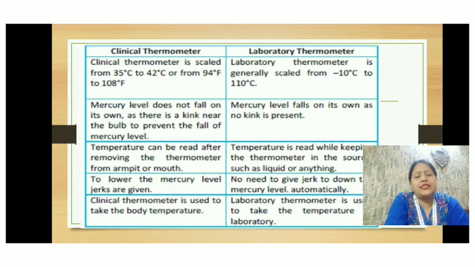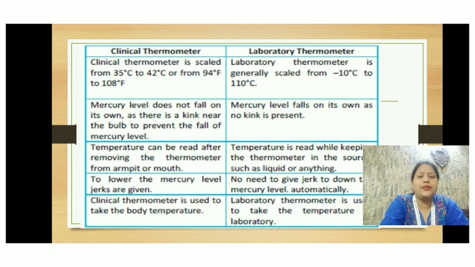Since we have discussed the clinical thermometer and laboratory thermometer, let us discuss the difference between these two types of thermometer. Here in this slide we have the differences in a tabular manner. Let us read.